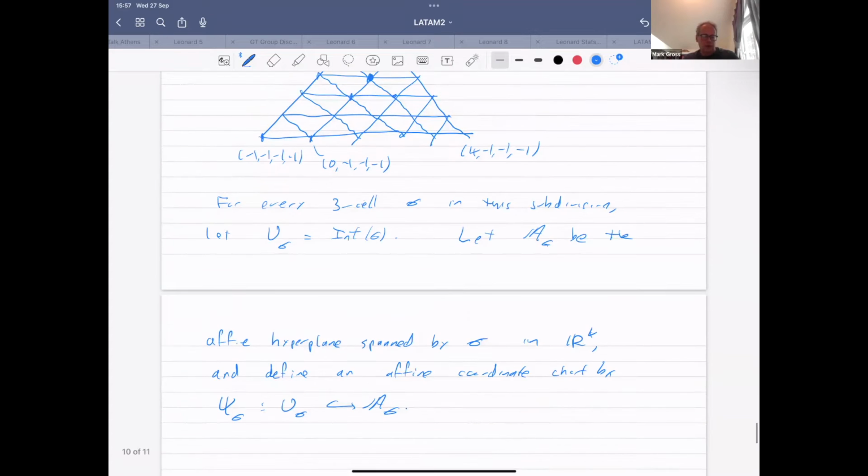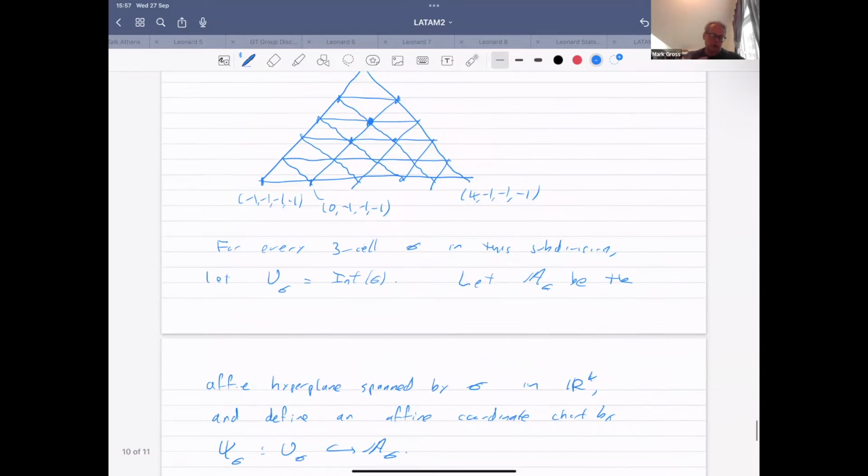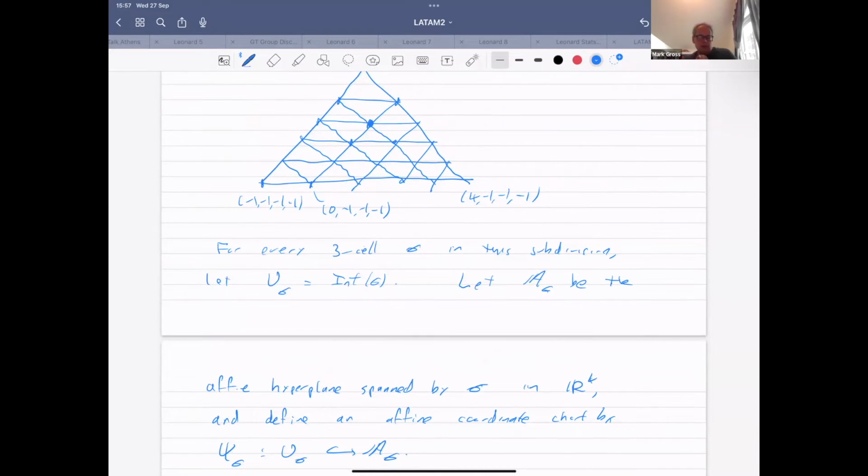Okay, so what we're saying is actually all the 3-dimensional faces of this decomposition already had an affine structure. We were inside some 3-dimensional affine space. Okay, so that's not too interesting.